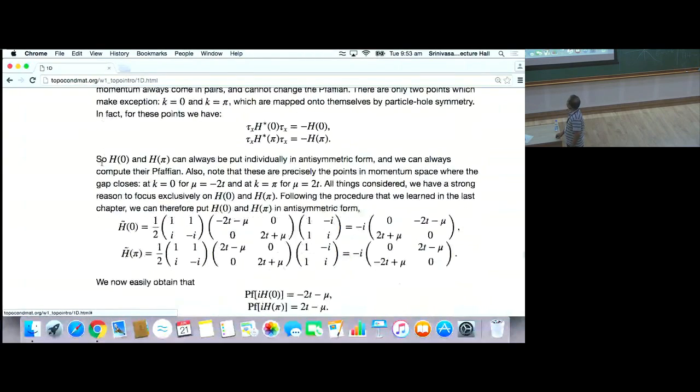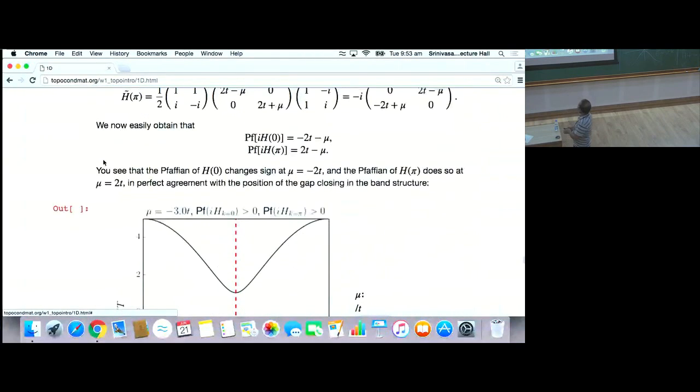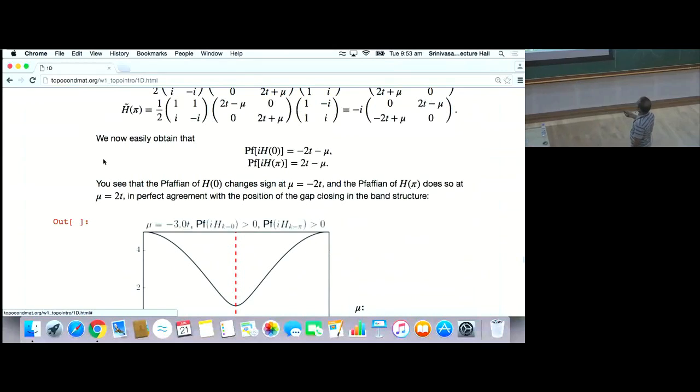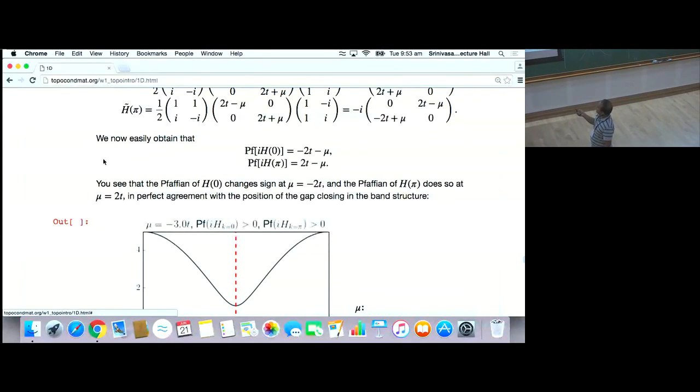As before, that was some algebra that I skipped, but the bottom line is that we used Bloch's theorem and fixed momentum to go from our d equals 1 Hamiltonian to a d equals 0 Hamiltonian with particle-hole symmetry. And then the topological invariant for that d equals 0 Hamiltonian is the Pfaffian that we already discussed, which was related to the fermion parity.